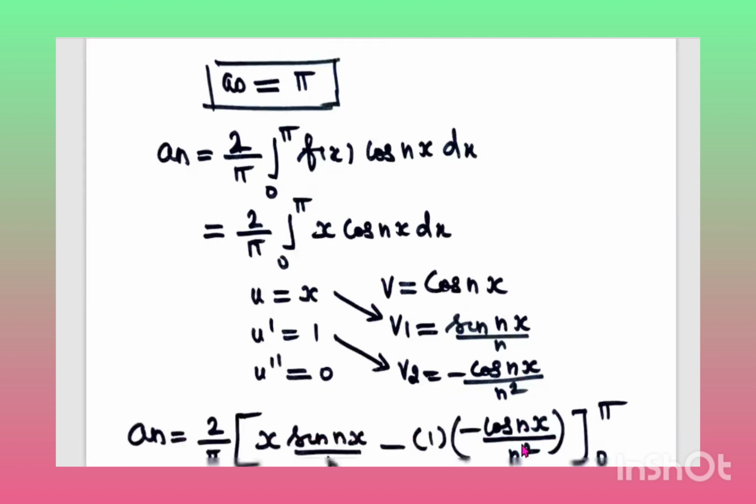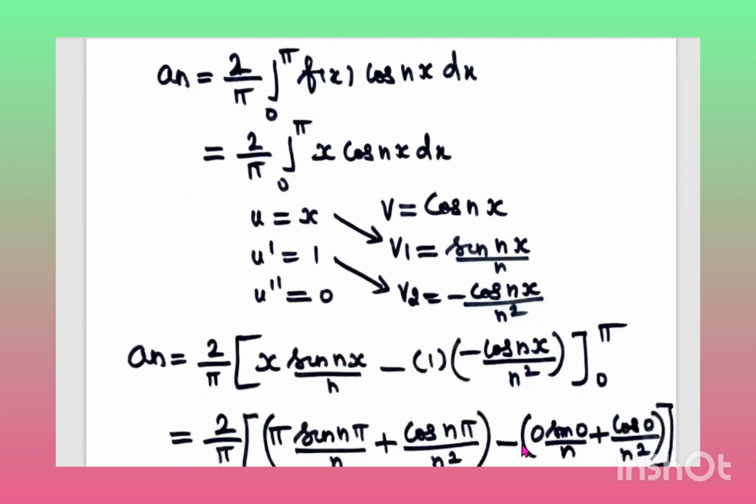So therefore, using Bernoulli's formula, an is equal to 2 divided by pi, uv1 is x sin nx by n minus u dash 1 into v2 minus cos nx by n square, limit is 0 to pi. u double dash is 0, that's why we didn't write it.